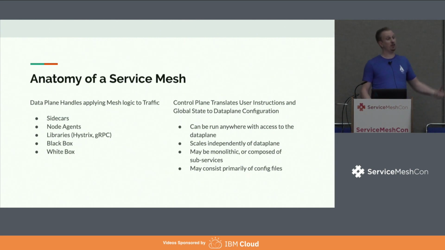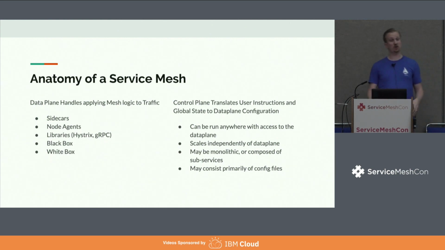You can run a node agent that sits outside of your pod and captures all the traffic and mutates it. Netflix has a great library called Hystrix that if you happen to be using, I think it's Java, correct me if I'm wrong, provides some great service mesh-like features without the need to run a separate process, which is great. gRPC is beginning to do the same thing.